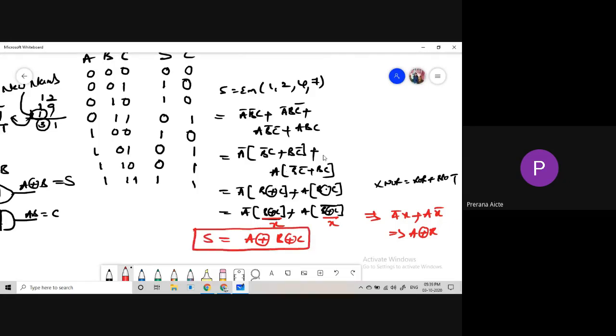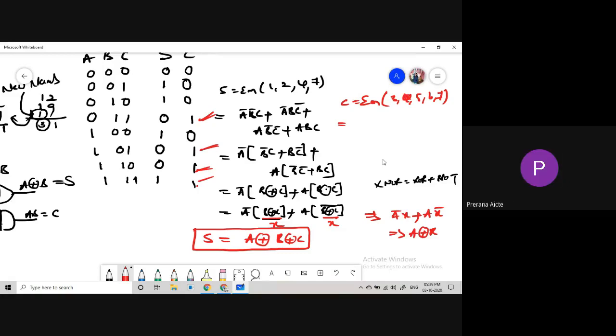Then for carry, what are the numbers activated here? For carry it is equal to 3, 5, 6, 7. 4 is not there.